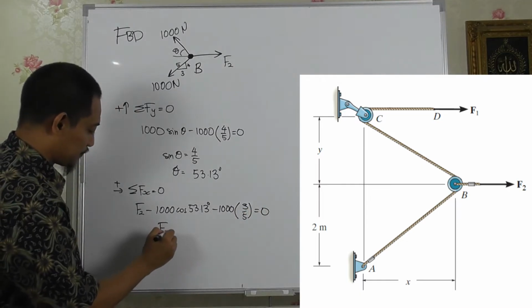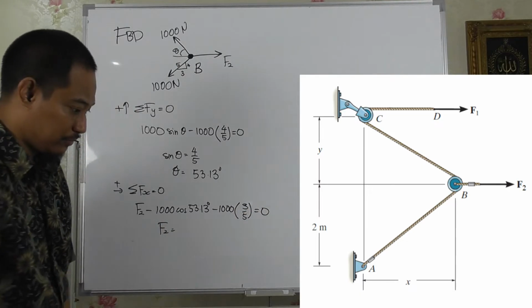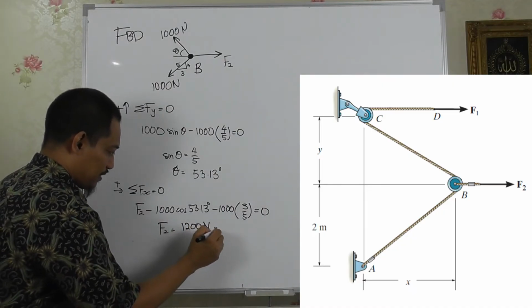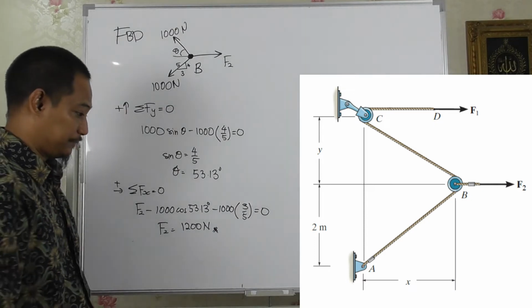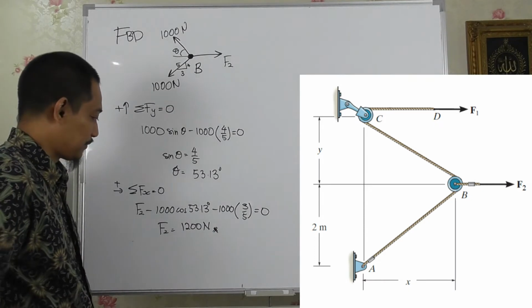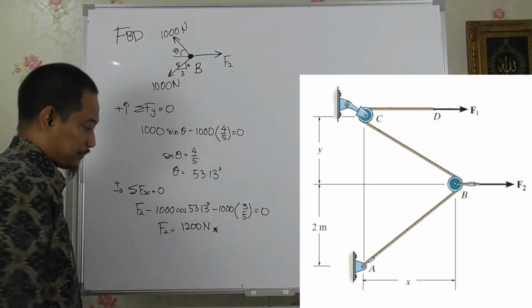So F2 you can solve to be 1200 Newton. Verify the answer as usual. Do calculate and verify whether there's any mistake or not. So you will get that value.